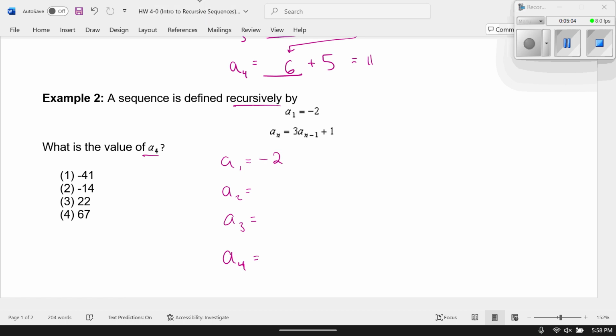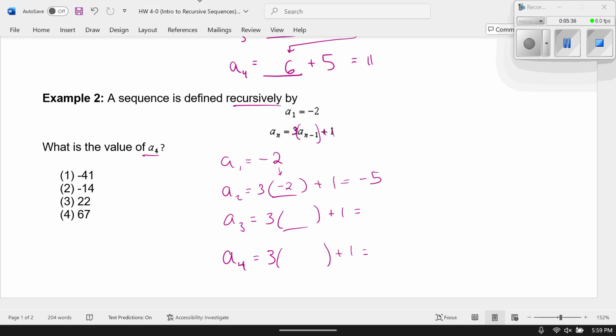What's the pattern? The pattern is 3 times the previous plus 1. We have the second term is 3 times the previous plus 1. What was the previous? -2. 3 times -2 plus 1 is -5.